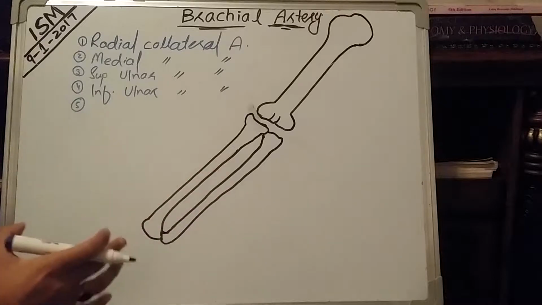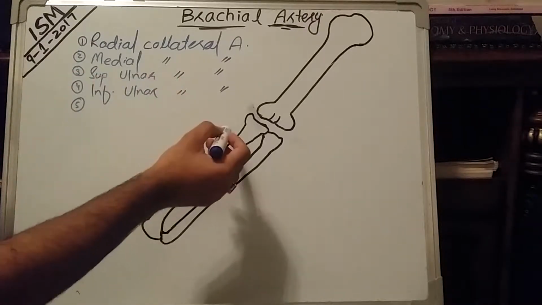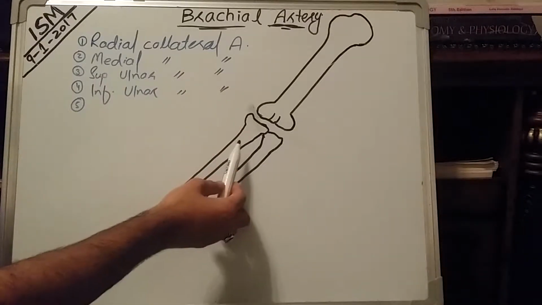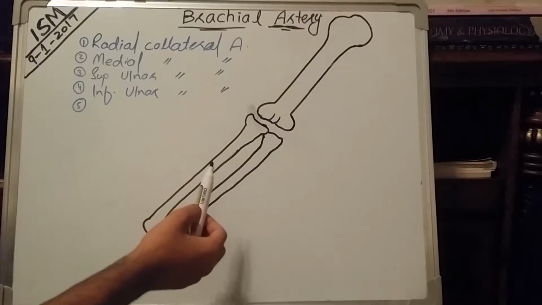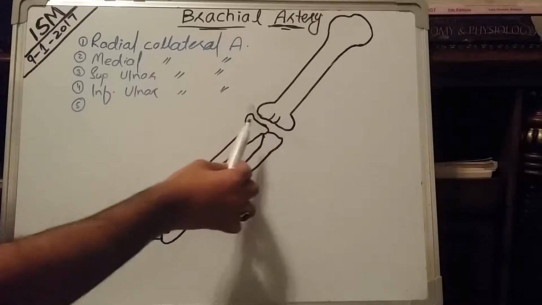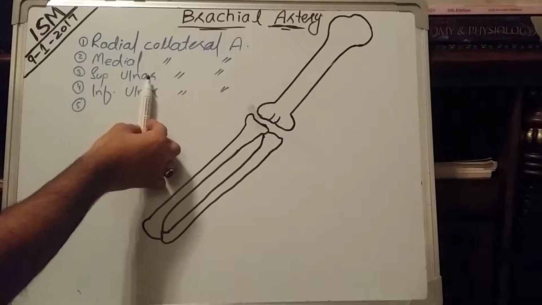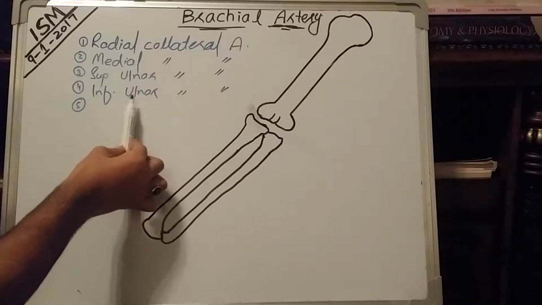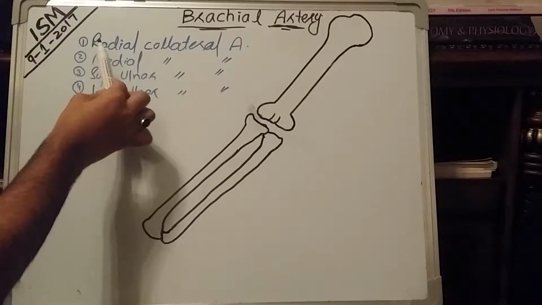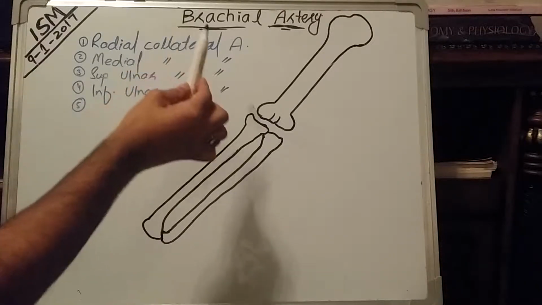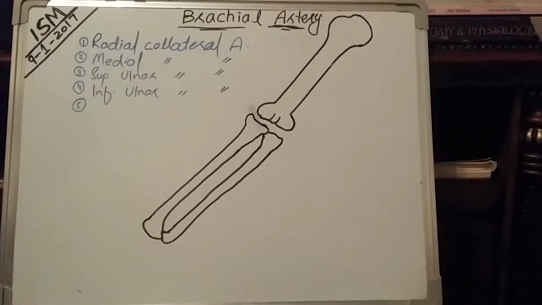The fifth branch mainly originates from the radial artery and the ulnar artery, and forms anastomosis with the superior ulnar collateral artery, inferior ulnar collateral artery, radial collateral artery, and the medial collateral artery.